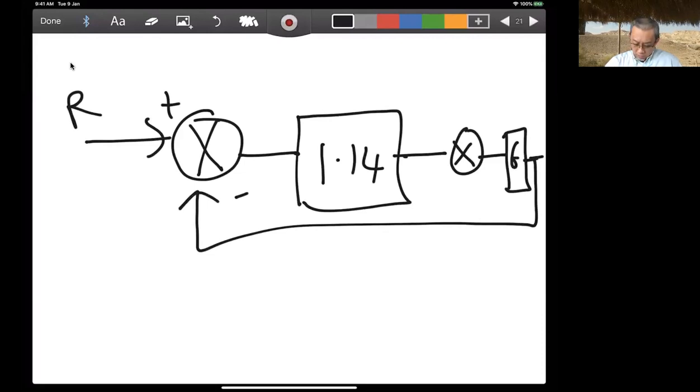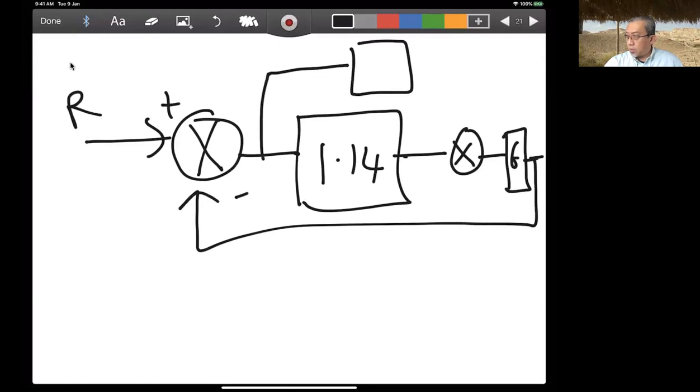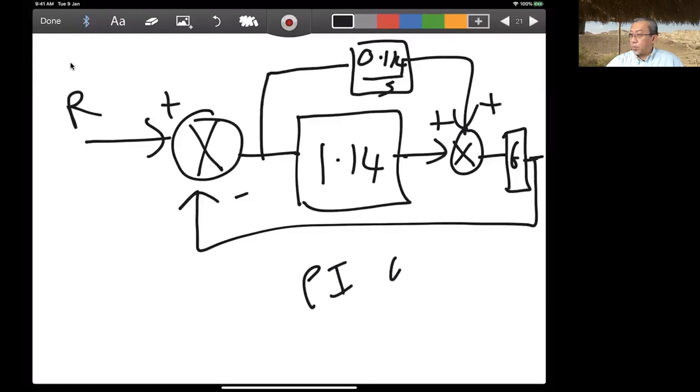And PI is over here, goes here, 0.114. So this is what I call a PI controller.